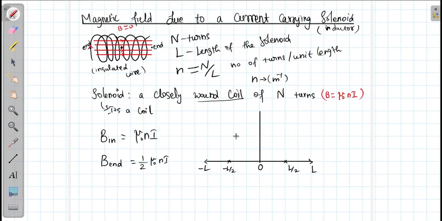The value becomes maximum inside, and from the end point onwards it becomes half of the value.